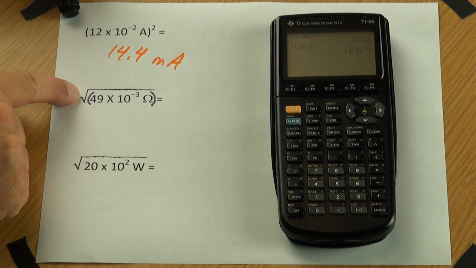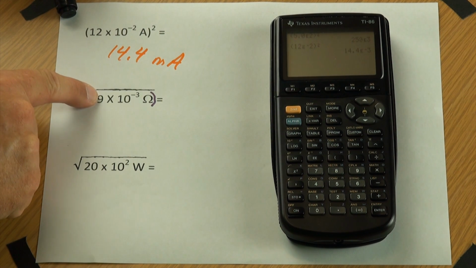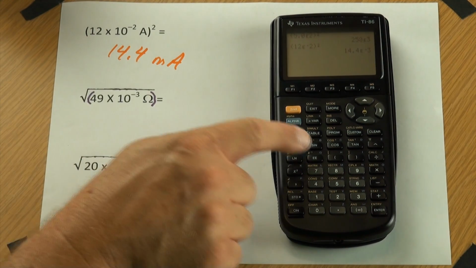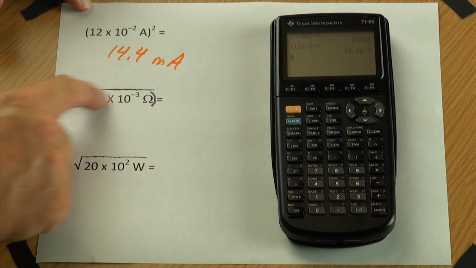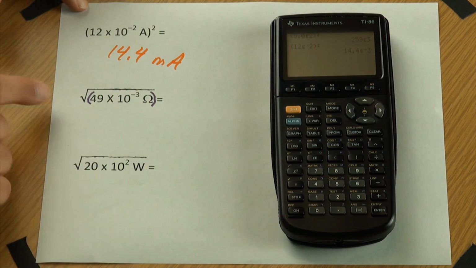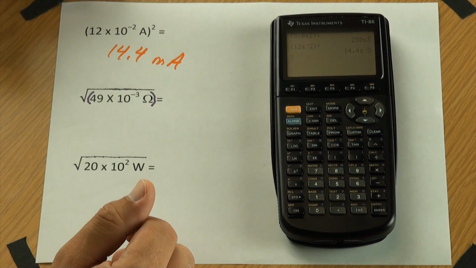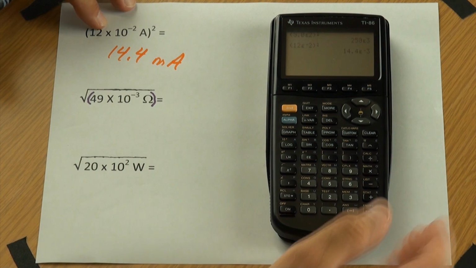If I just hit the square root symbol, 49 times the 10 to the negative 3, to be honest, it depends on the calculator when we're using that EE button as to how it's going to interpret that. The safest way to do it is to get all of that wrapped up in parentheses because all of that needs the square root to be taken. So that's what we're going to do here.